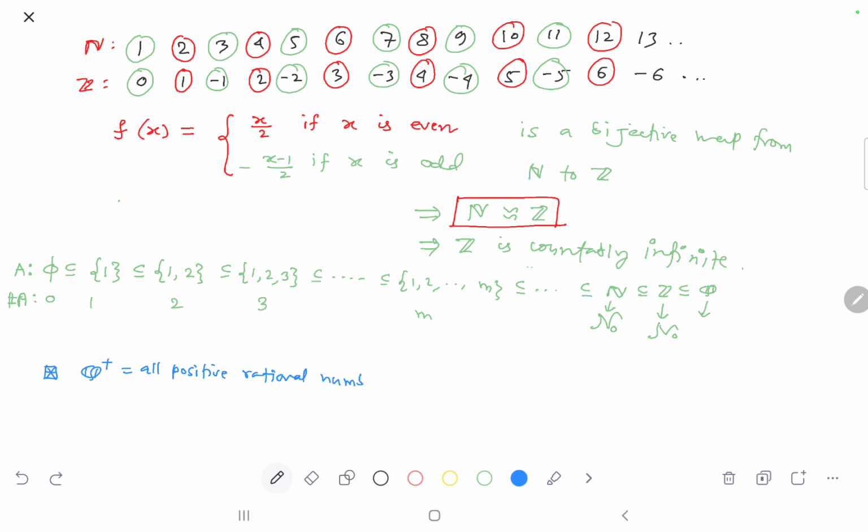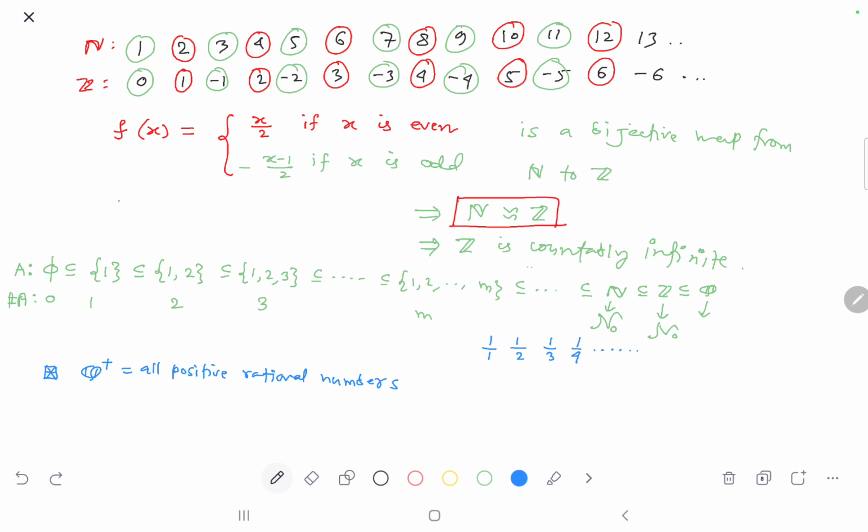We want to check whether this is countable or not. I mean, whether the cardinality of Q plus and the set of natural numbers is the same. Let me list all rational numbers in a nice way, focusing first on the denominator. Take 1 over 1, 1 over 2, 1 over 3, 1 over 4, going on like this.